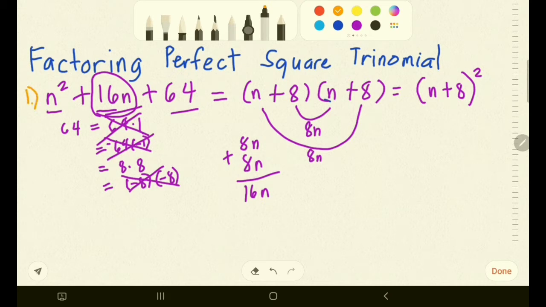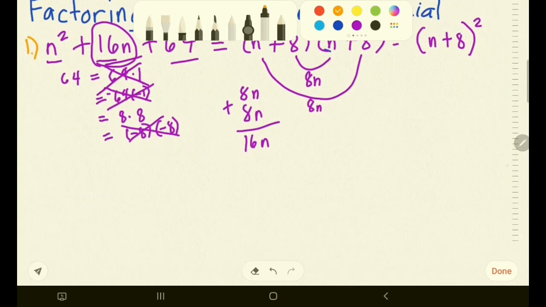I'm going to give you another example. You have 4x squared plus 4x plus 1.